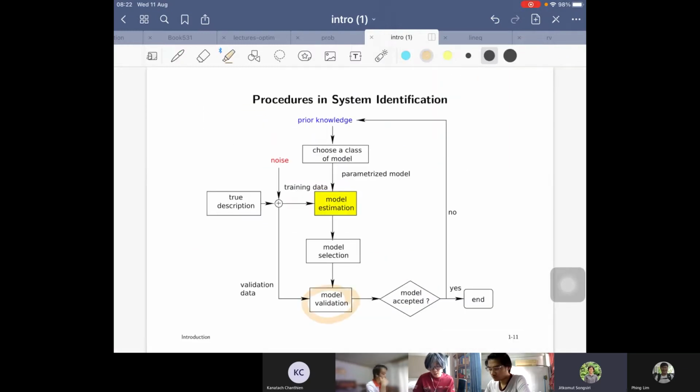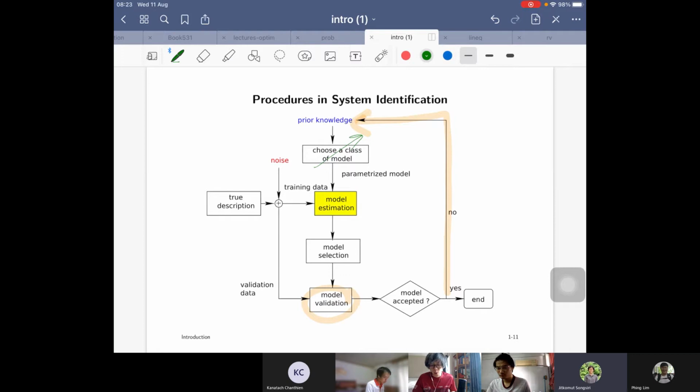When it fails to validate the model, you also give a reason why your model is not good enough, and then you use that reason in combination with your prior knowledge to adjust something. Should we adjust the model class? Should we pick a new structure?